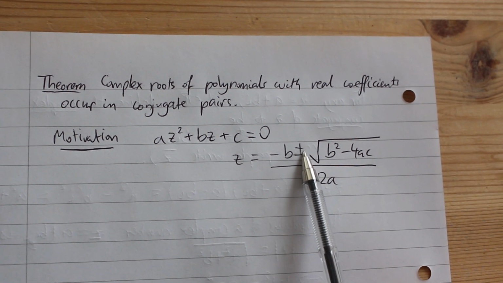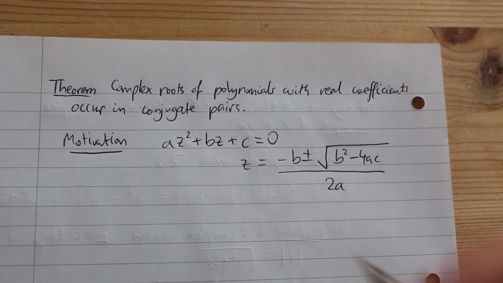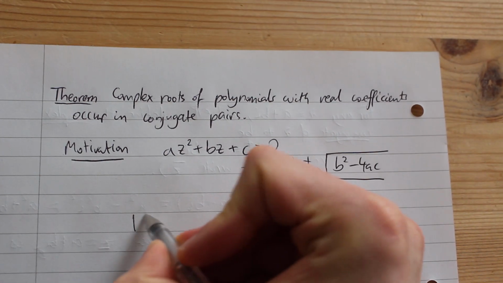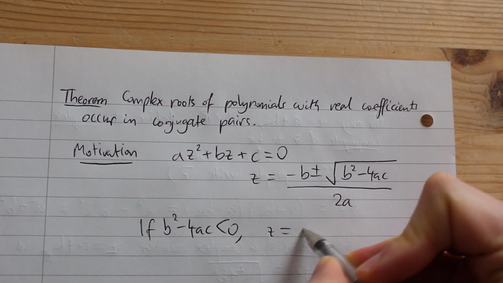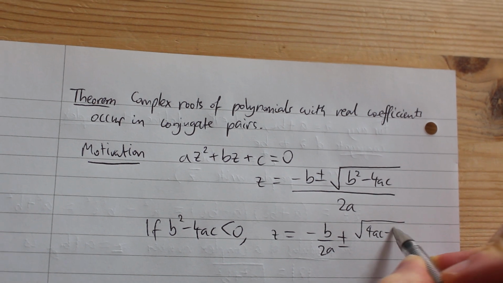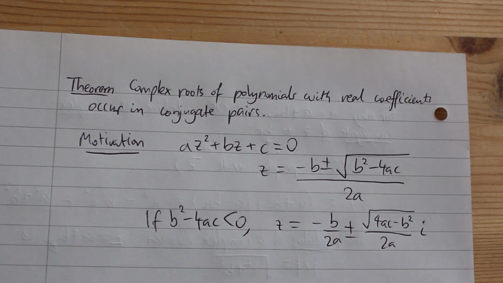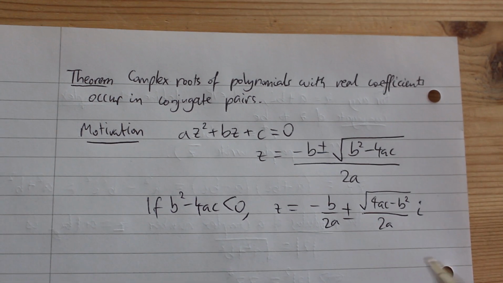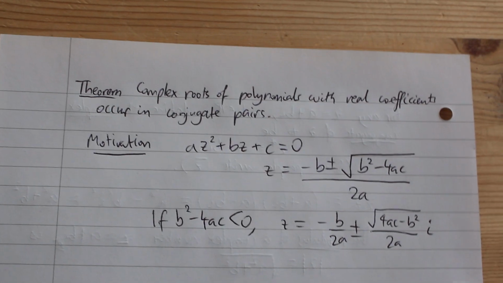Because the plus minus is in front of this imaginary number, we're going to get a conjugate pair. Namely, if b squared minus 4ac is negative, we're going to get that the two roots are this. So the two roots are a complex conjugate pair.